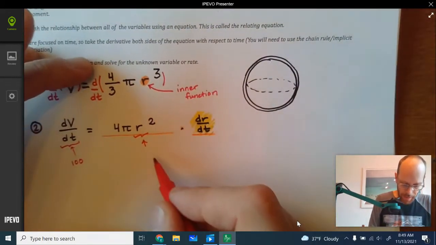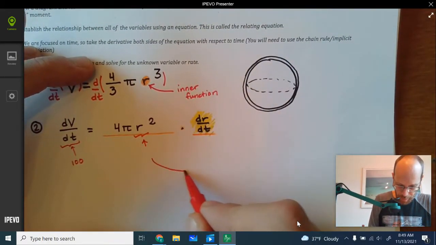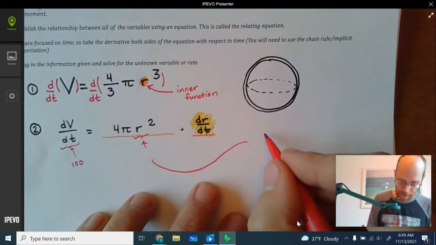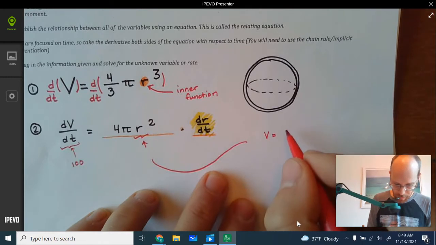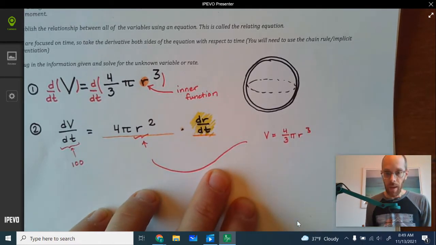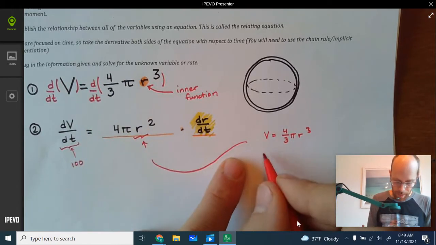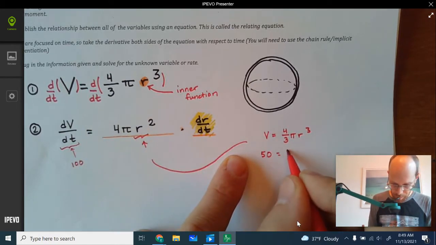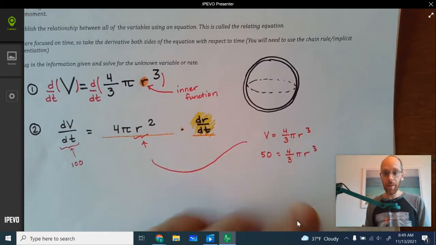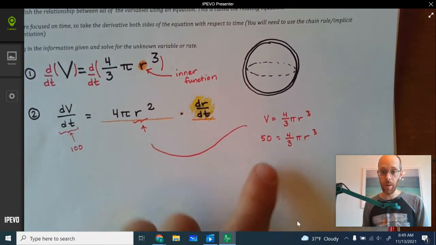So this is one of the reasons that today's problems are a little more challenging than what we did last time. Because if you want R, you're going to have to come back to the original equation, which looked like this. And you're going to plug in the volume. And then you're going to solve that equation to figure out what R is.